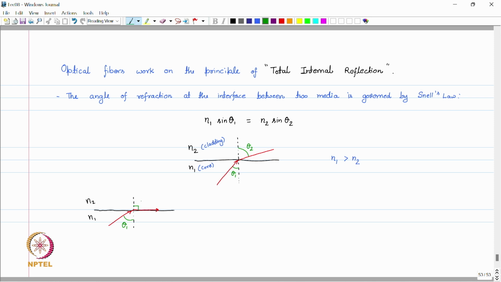This is 90 degrees. So, this is a particular case when theta 1 is such that theta 2 becomes 90 degrees, and in this case we call theta 1 the critical angle.